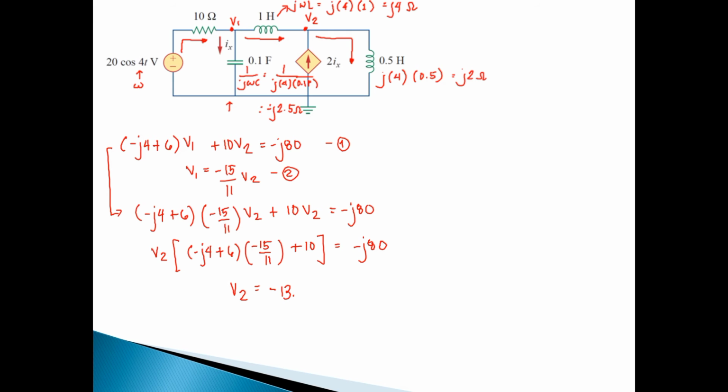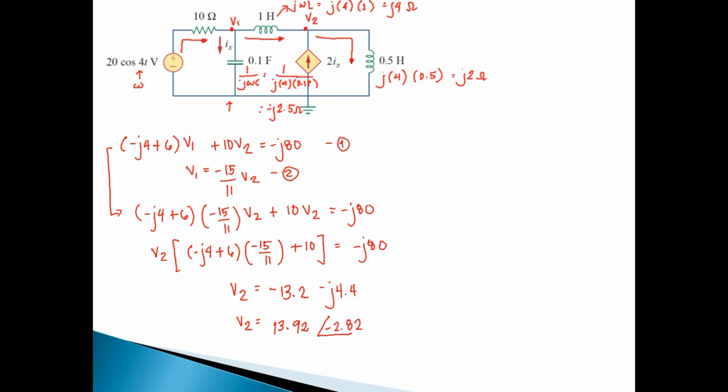So our answer would be negative 13.2 minus j4.4. But this should be in polar. So let us convert into polar form. So this is equal to 13.92 angle of negative 2.82.